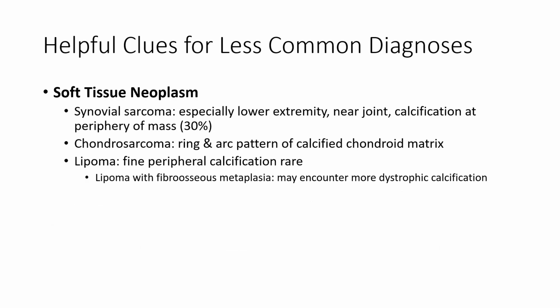Soft tissue neoplasm: synovial sarcoma, especially in the lower extremity near a joint, has calcification at the periphery of the mass. Chondrosarcoma shows a ring and arc pattern of calcification of chondroid matrix. Lipoma: fine peripheral calcification is rare. Lipoma with fibrous metaplasia may show more dystrophic calcification.